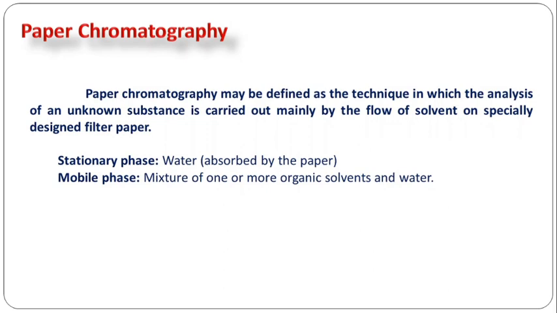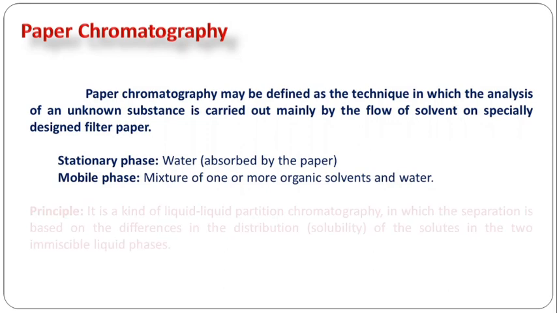In paper chromatography, the stationary phase is not the paper. The stationary phase is the water absorbed on the surface of the paper, while the mobile phase is a mixture of one or more organic solvents, maybe water also. So liquid is the mobile phase and liquid is the stationary phase. That's why this is called a partition type of chromatography.